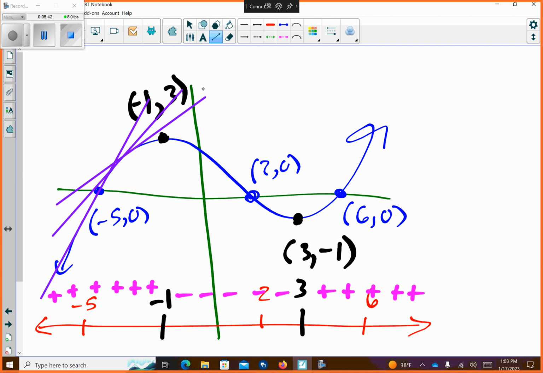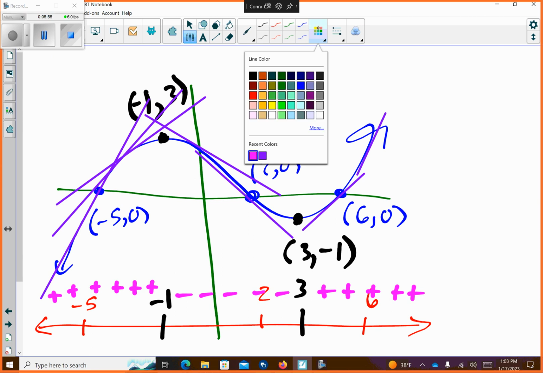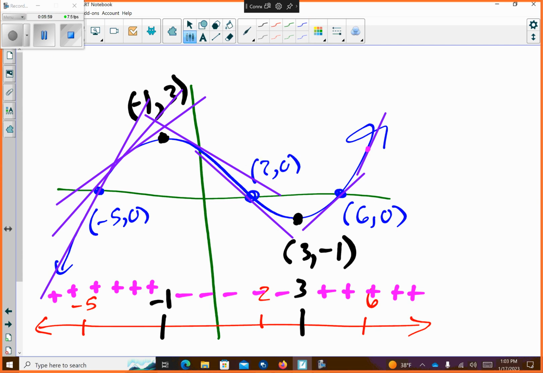But we have these tangent lines, and as we go through this, we can create all of these tangent lines, which can and will touch our graph one or more times. So this tangent line touches here once, touches here once. We have all these different places that these tangent lines are touching once. Still with me?